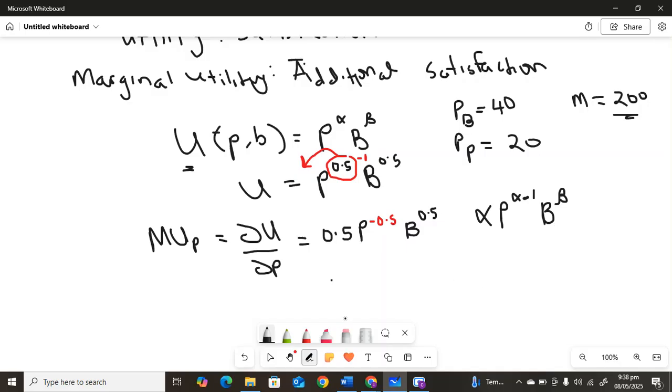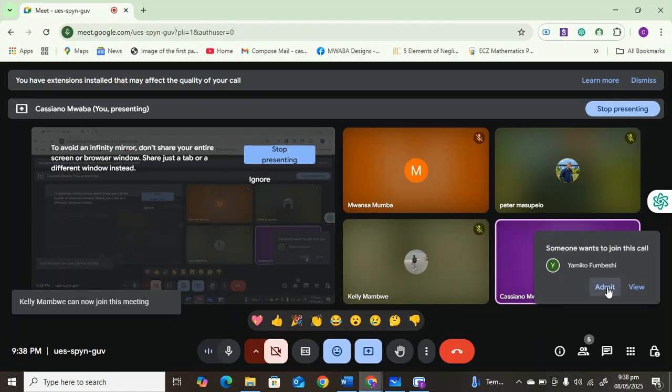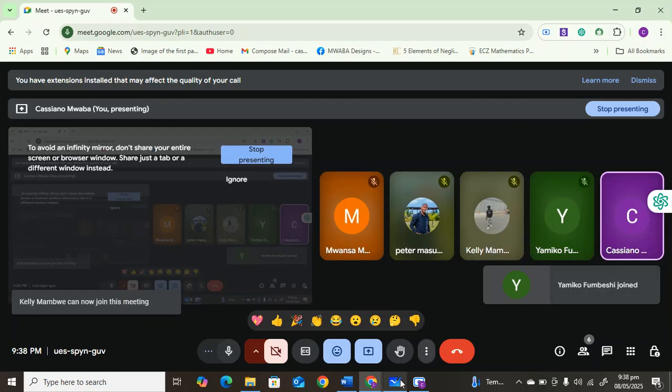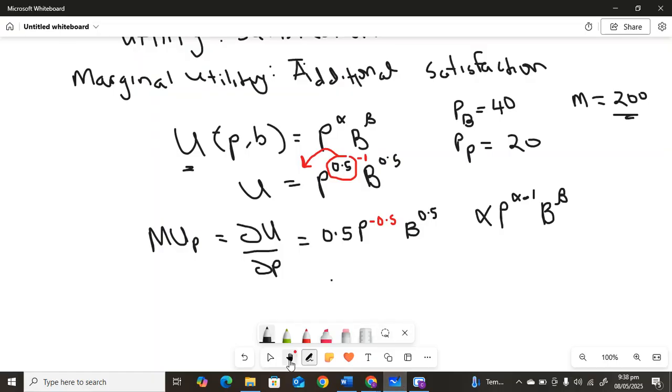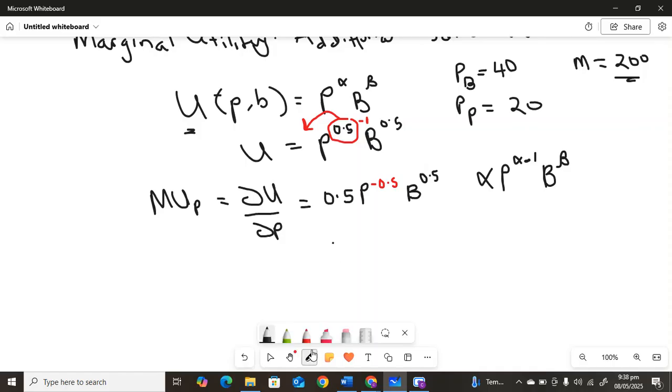So let's get the marginal utility for beef. So let's try to differentiate. Let's get the marginal utility for beef. Use this utility function here, which I've made. Use this one here to derive.